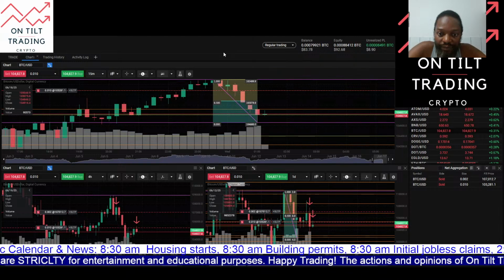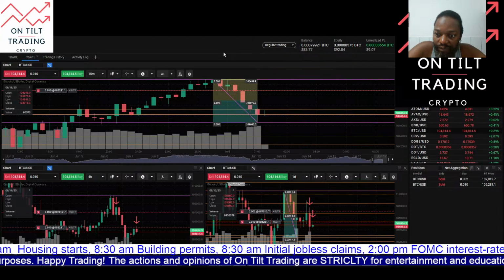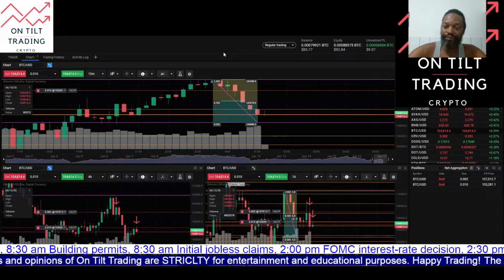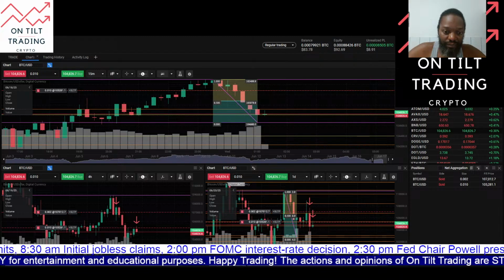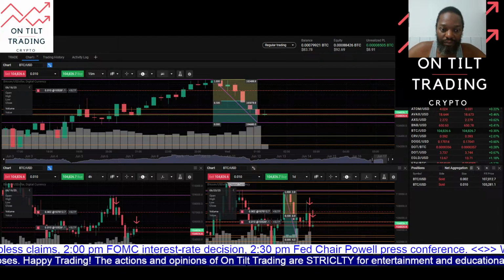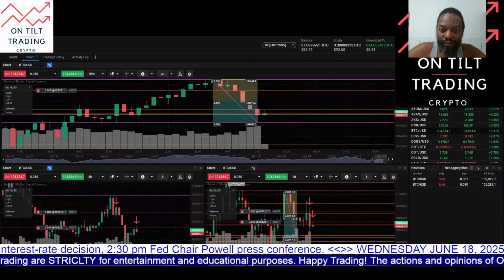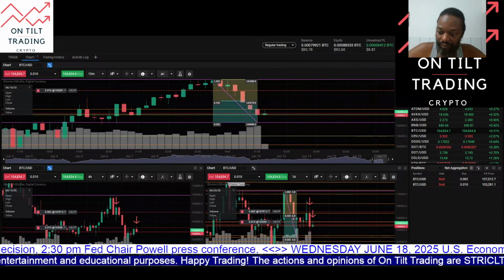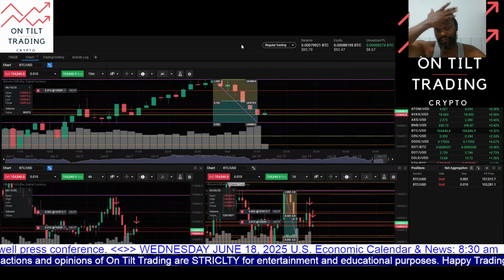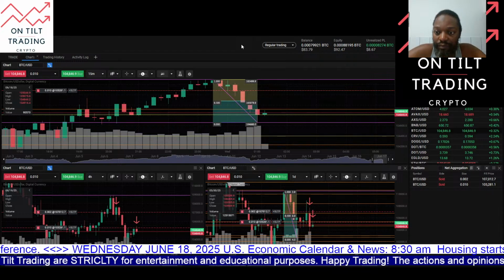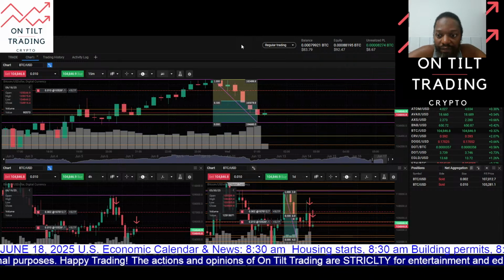Price consolidating and being delivered to the sell side, back to retest the 104,800 level. Price still consolidating back to the 104,850 level.